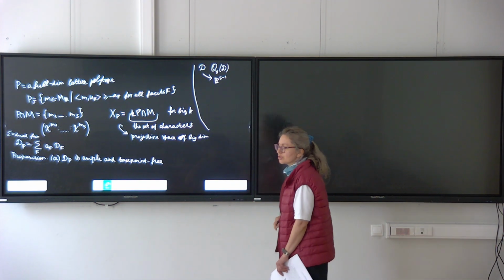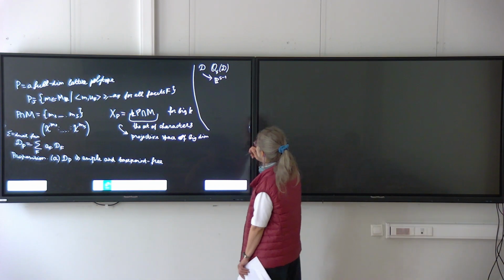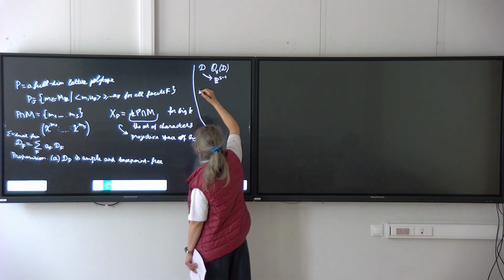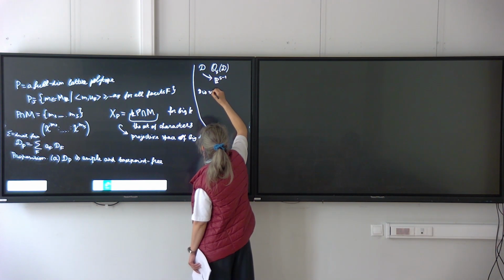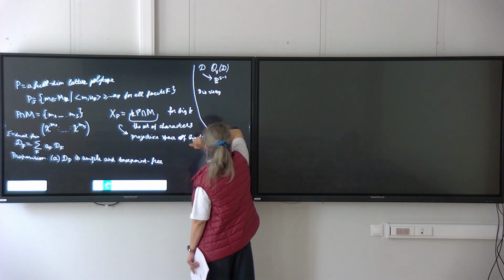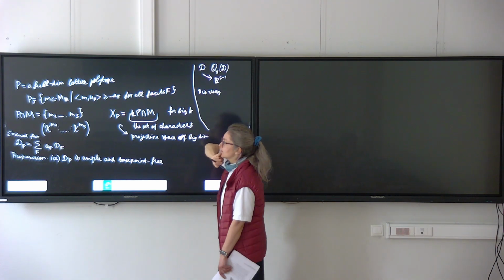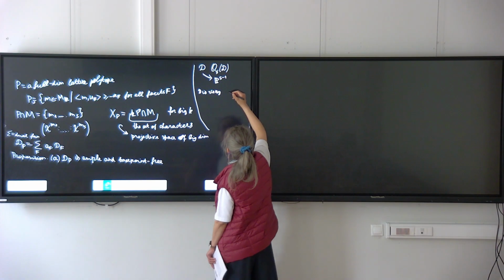So the set of global sections gives us a map to the projective space. D is very ample. So this is another definition of very ample, which is from algebraic geometry.